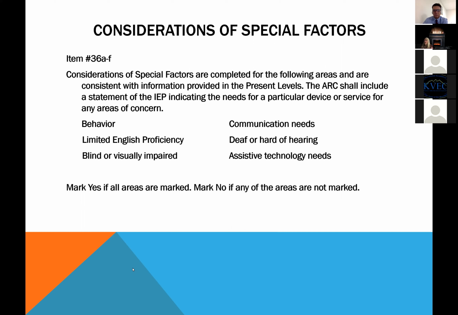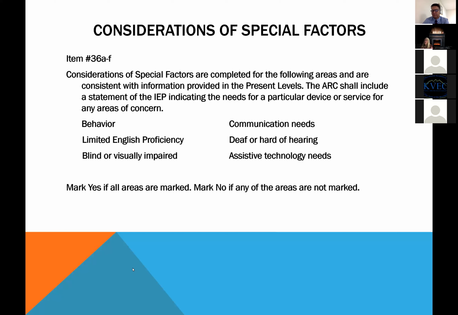But what we find as a big issue is behavior. If you have a child that has a behavior goal, has any type of those behavior issues, or you've got something addressed in your present levels about behavior in your social and emotional box, you're going to have to check that box yes.